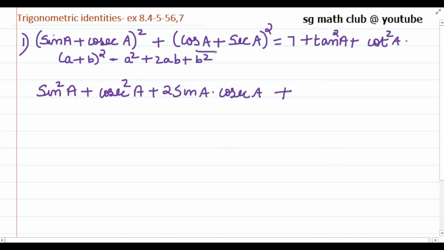In the same way, this also I am going to expand with the identity A square plus 2AB plus B square.